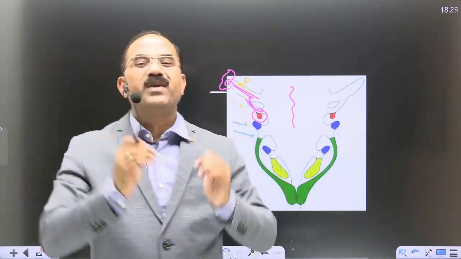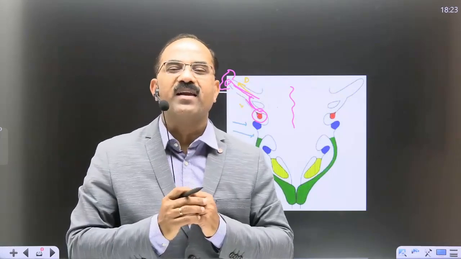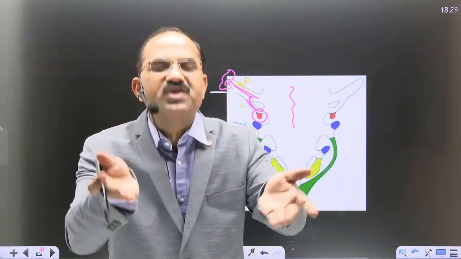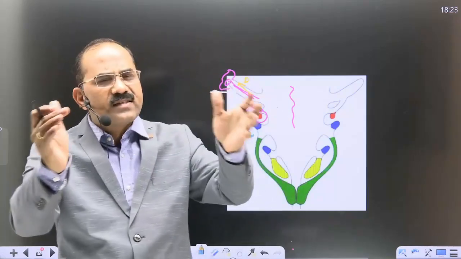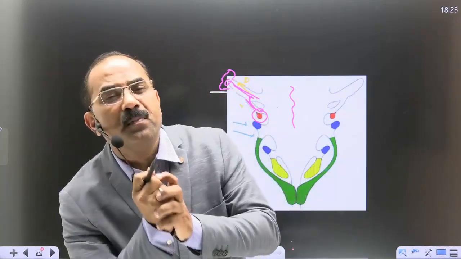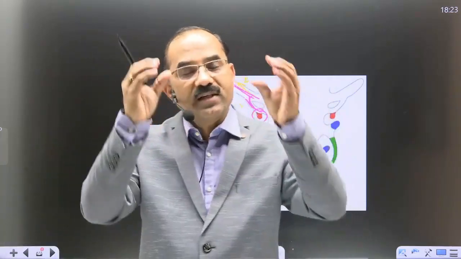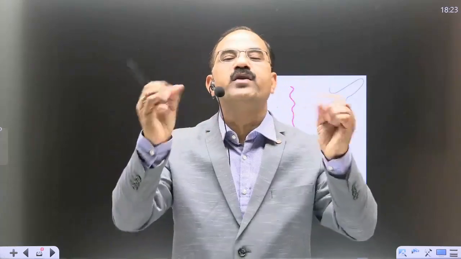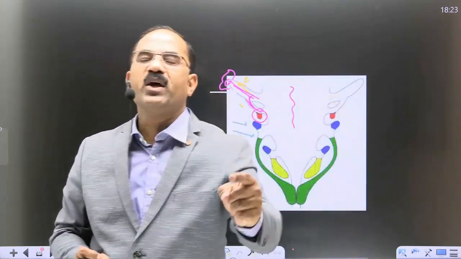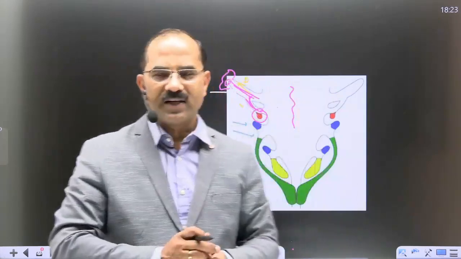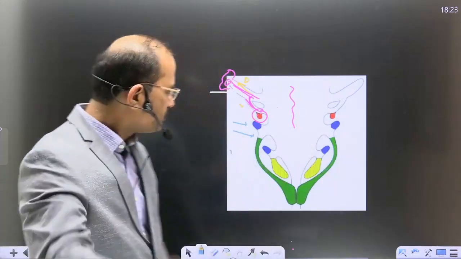By the time it realizes that it has to go to the thyroid gland, by the time it migrates towards the thyroid gland, it is just able to hold the inferior pole of the thyroid gland. This parathyroid is located at the inferior pole of the thyroid gland. This parathyroid is therefore known as the inferior parathyroids. Clear? Understanding this?